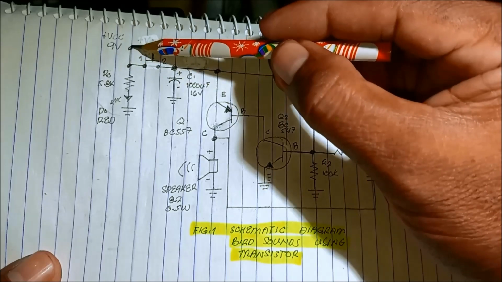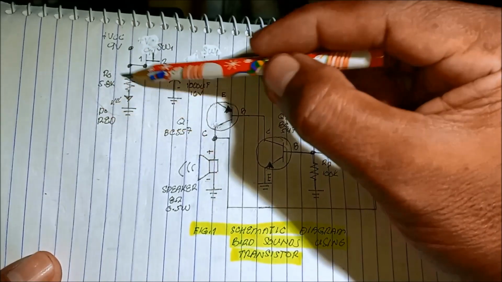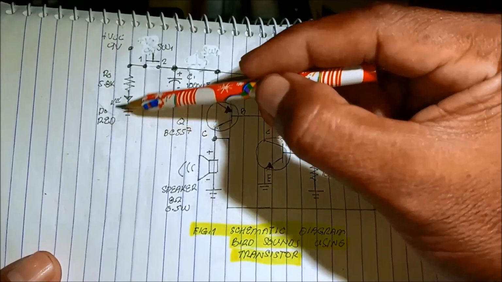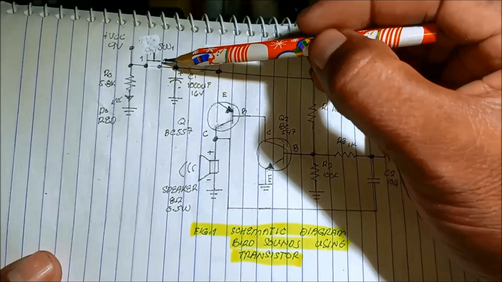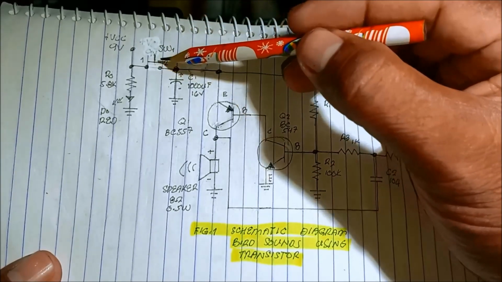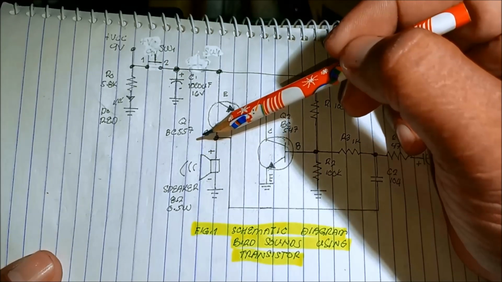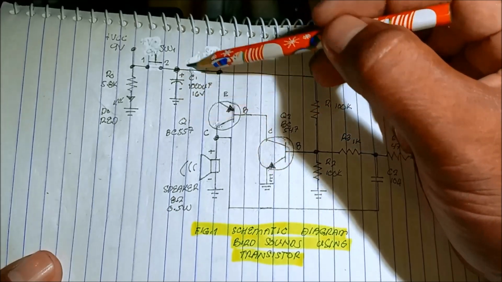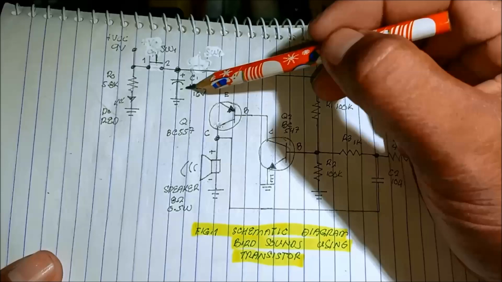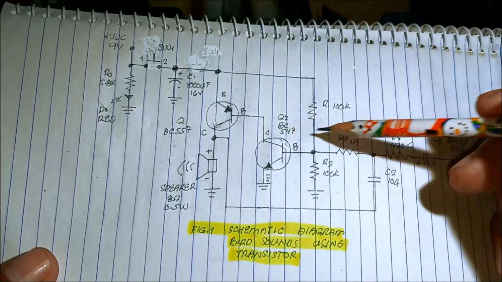Into the power supply, we have this power indicator so that we know that the circuit is on, and we have the switch. This is a normally open push button switch. We have decoupling capacitor for voltage stabilization of the circuit.